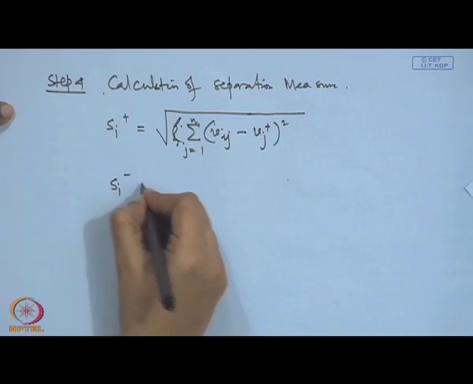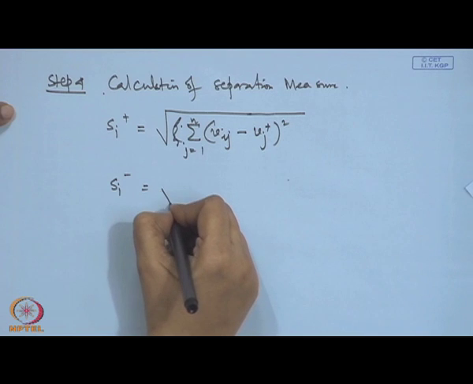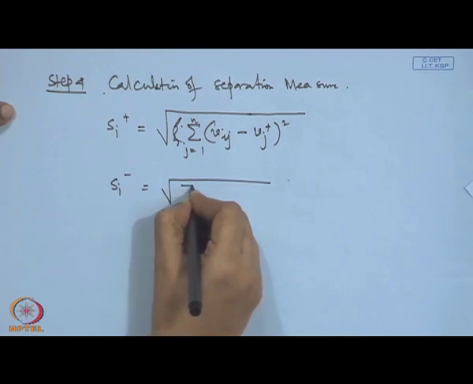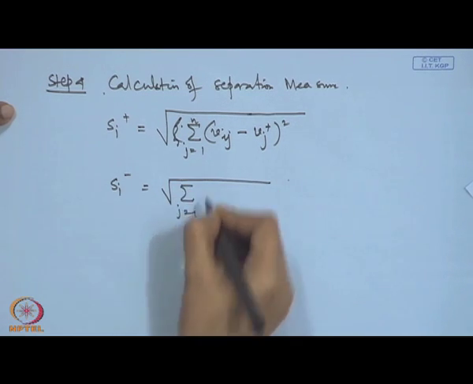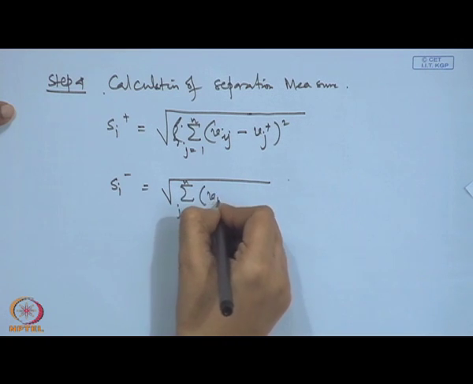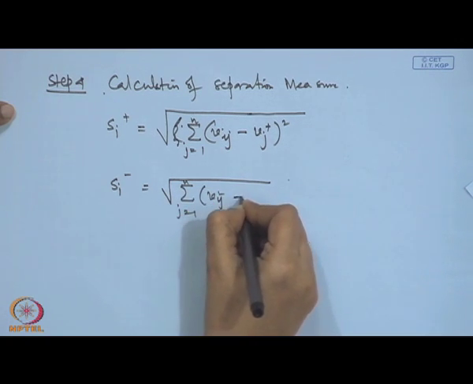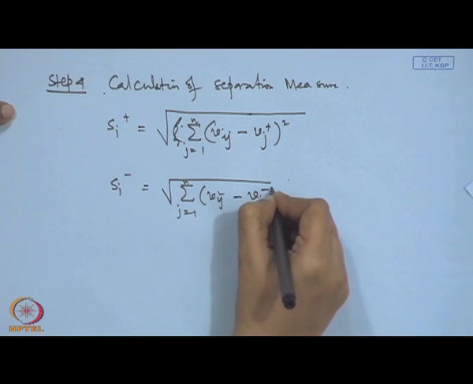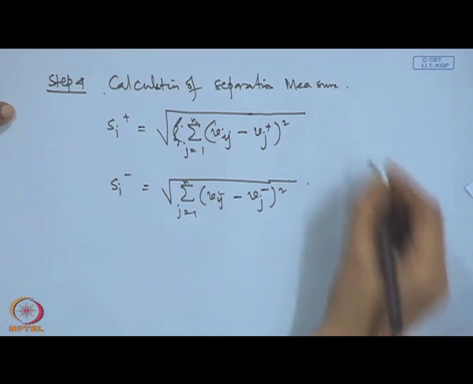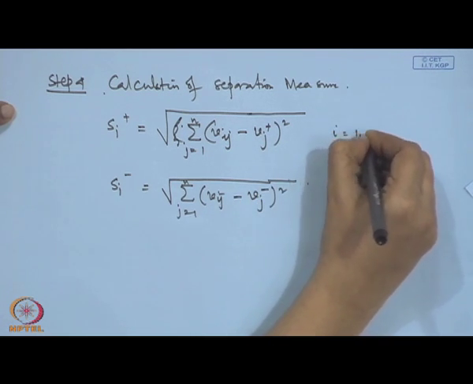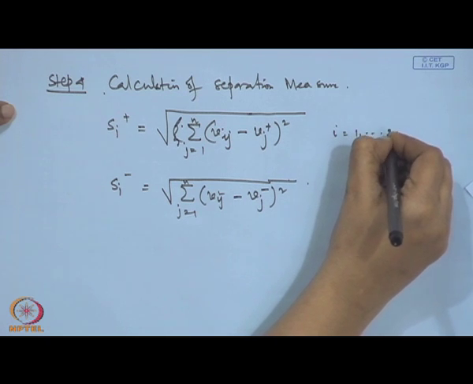Similarly, we are calculating the separation measure for the distance from the anti-ideal solution as well: Vij minus Vj minus, squared, for all i from 1 to m.